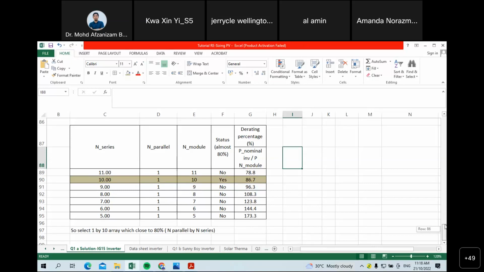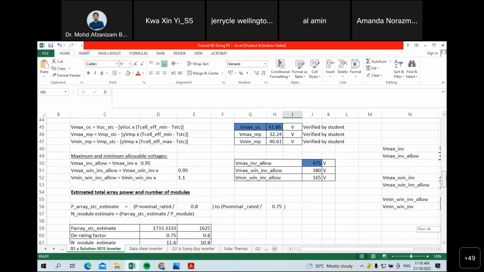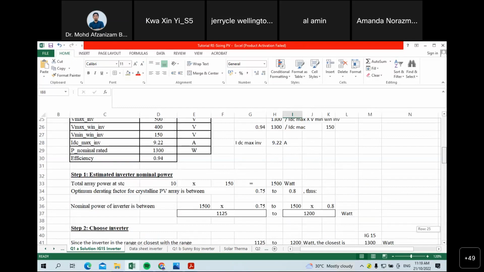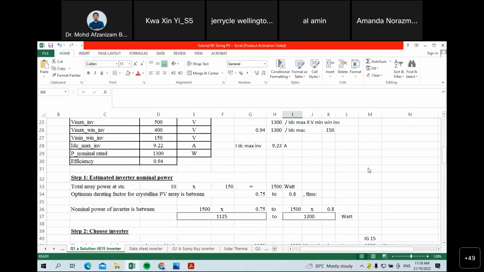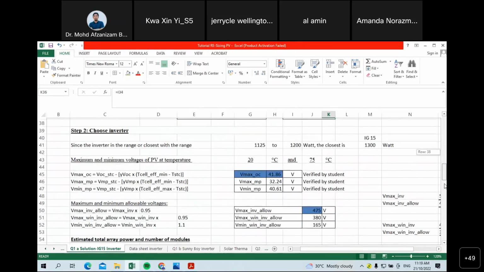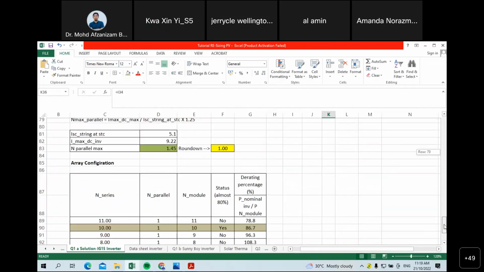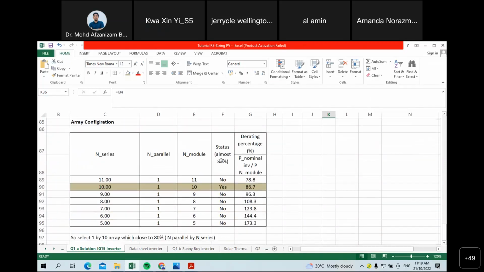So if you can see the nominal, we can claim 80%, as here, Amanda. Because we already claim the power entering the inverter is in the range of 80%, we need to assure the power coming into the inverter is also in the range of 80%.